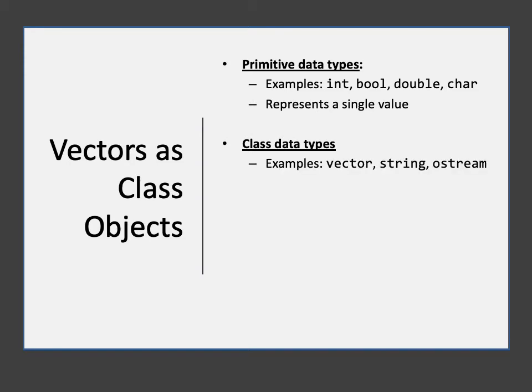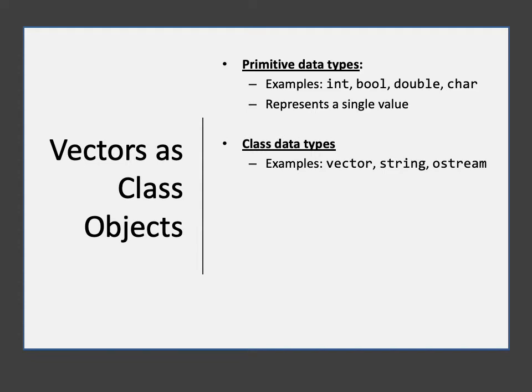Some examples of this include the vector class. It has an array of values under the hood, but it also keeps track of its size. The string class is similar. The string has a bunch of different characters in it, and then it also keeps track of its own size as well. OStream, blast from the past.